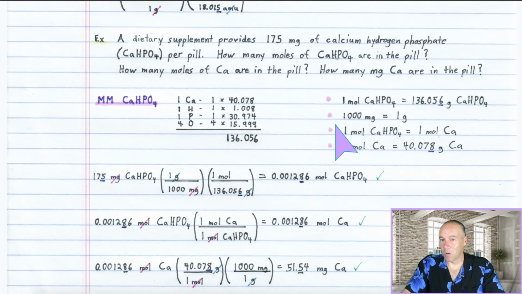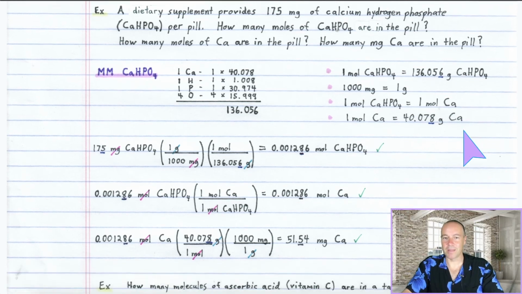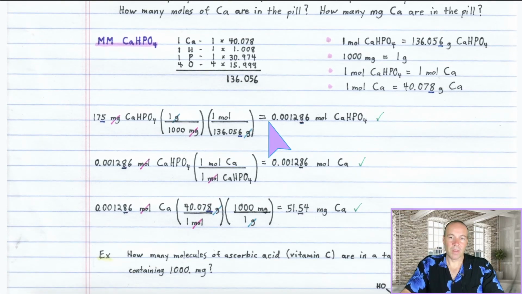So if you have a mole of the formula units, then you have a mole of calciums. And so this next one will be a trivial calculation, starting with the number of moles of the substance. Okay, we copy that number, the unrounded number again over, and we convert from moles of calcium hydrogen phosphate to moles of calcium.